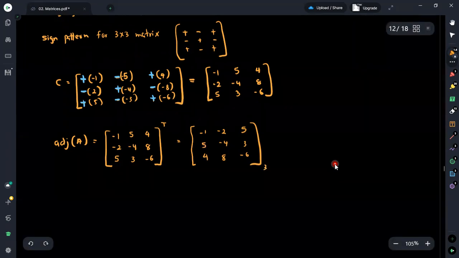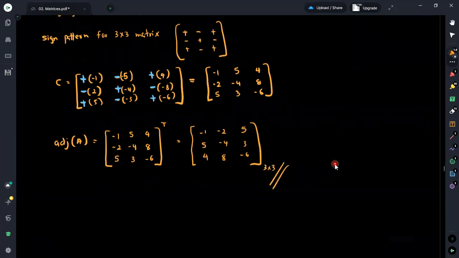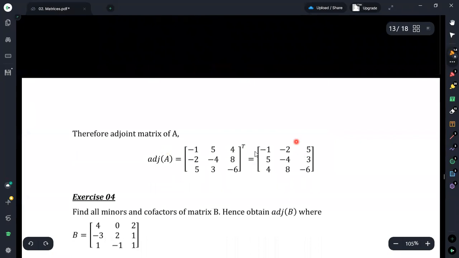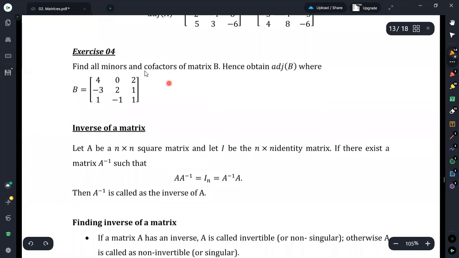This is how we are getting the adjoint matrix for a given square matrix. Now this is the answer we are getting, and here another exercise is given for you. You can try by yourself to obtain the minors and cofactors for the matrix, and you are asked to obtain the adjoint of the matrix.